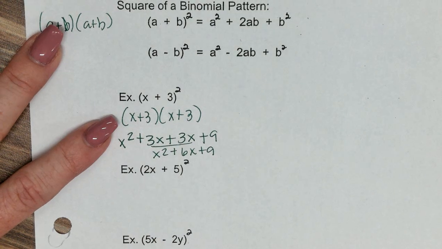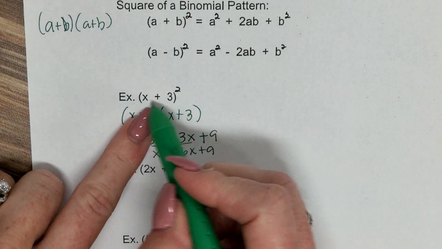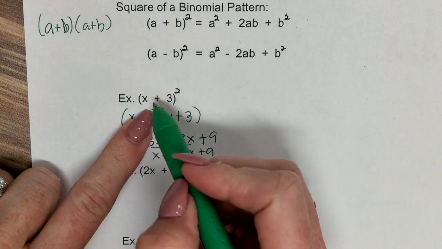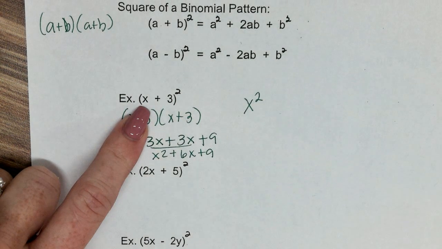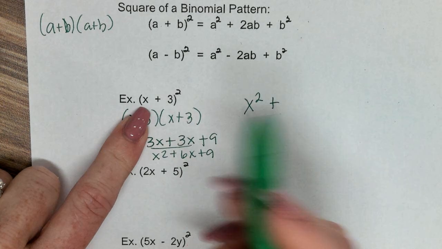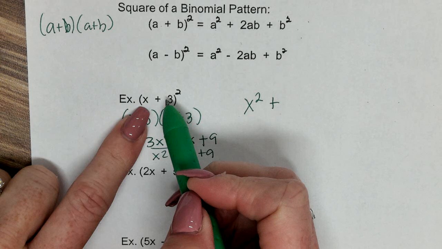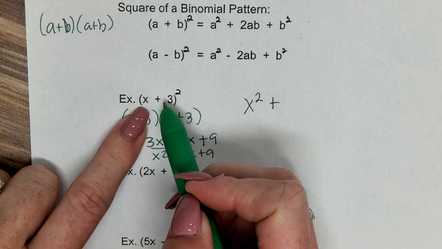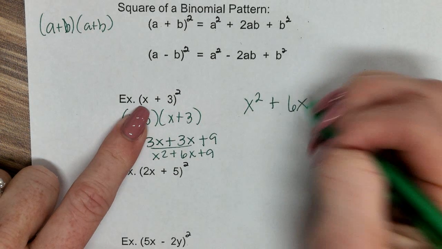Now, what I'm teaching you today is if you don't want to do it the long way, when it looks like this, you simply do this squared, so x squared, plus, now multiply 2 times x times 3. 2 times 3 is 6, and then x.